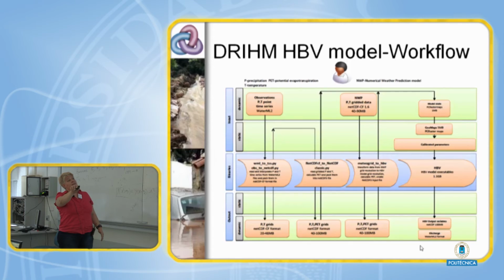After that, there is one script that is transforming the netCDF CF file to the netCDF classic file, and here the potential evapotranspiration is also calculated. So we have the desired input data, and now we can run the HBV model.